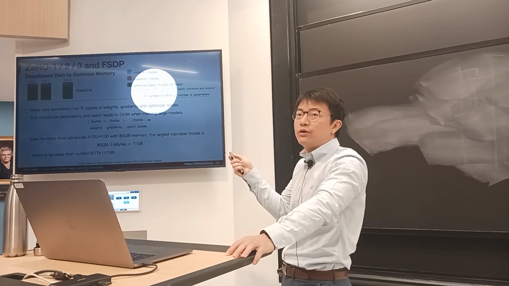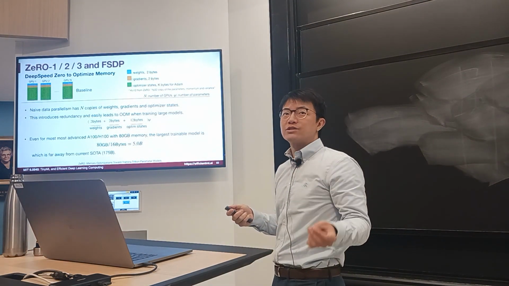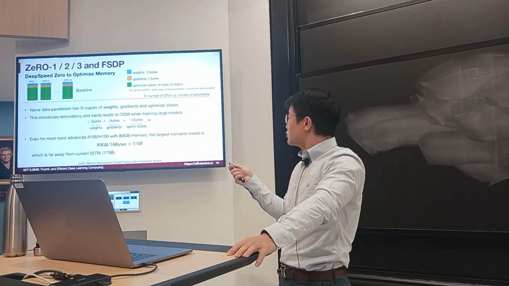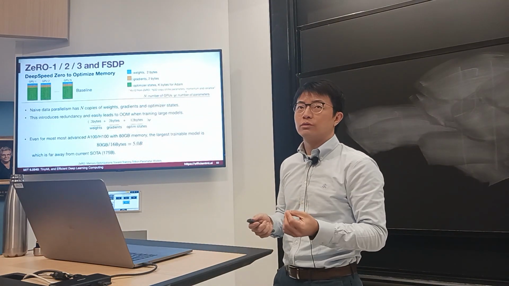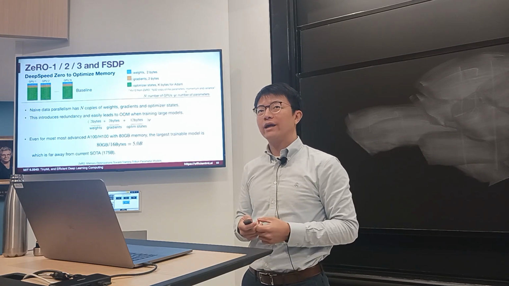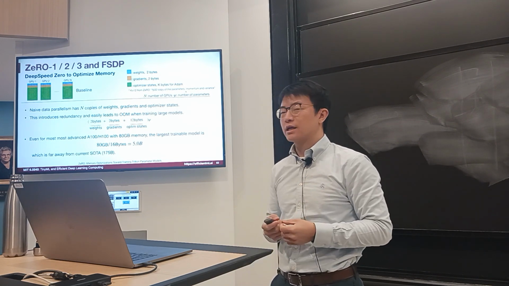One is an FP32 copy of the parameter. So the weight requires a master copy, a full precision master copy for the accumulation. So that's 4 bytes. We need another two numbers for the optimizer state. If you use the Adam optimizer, you need to store both the first order and second order momentum.